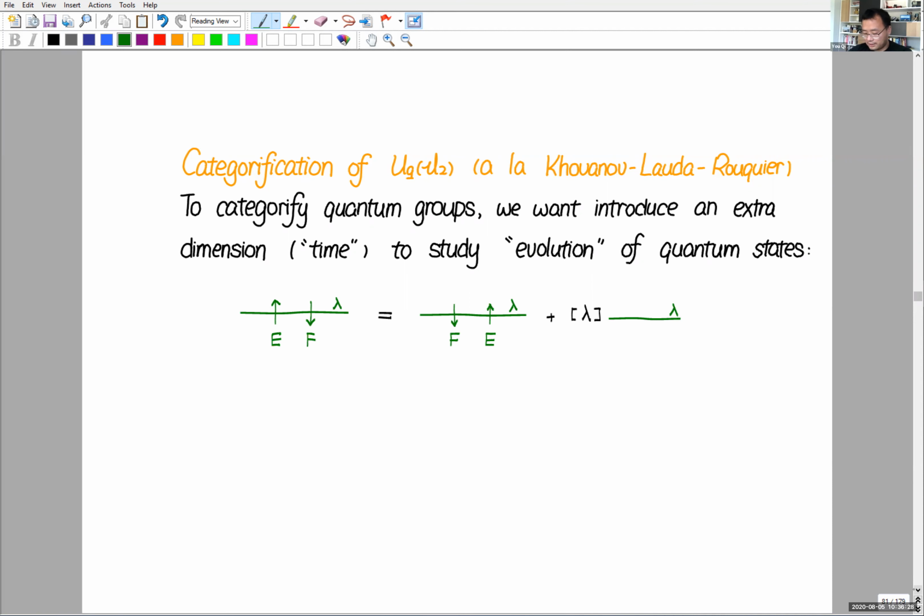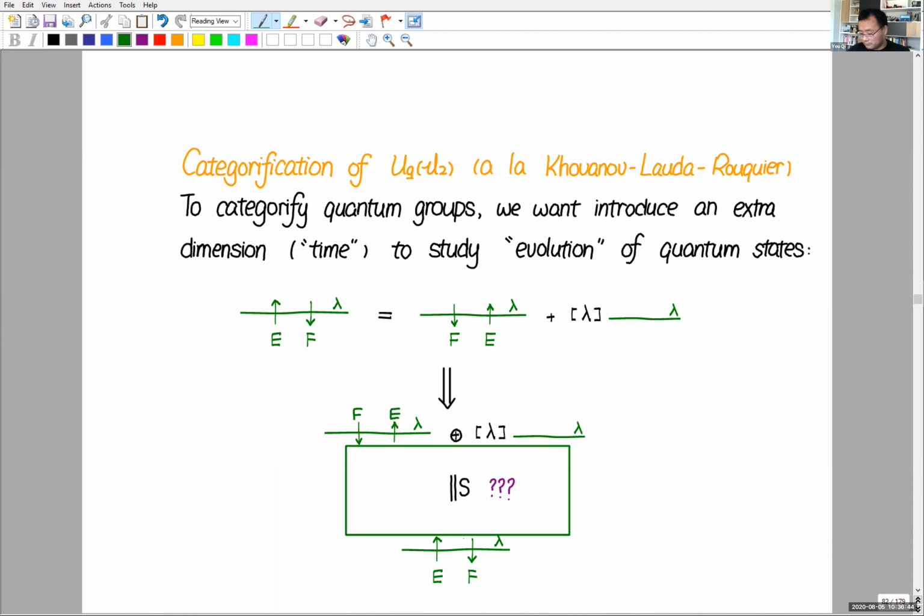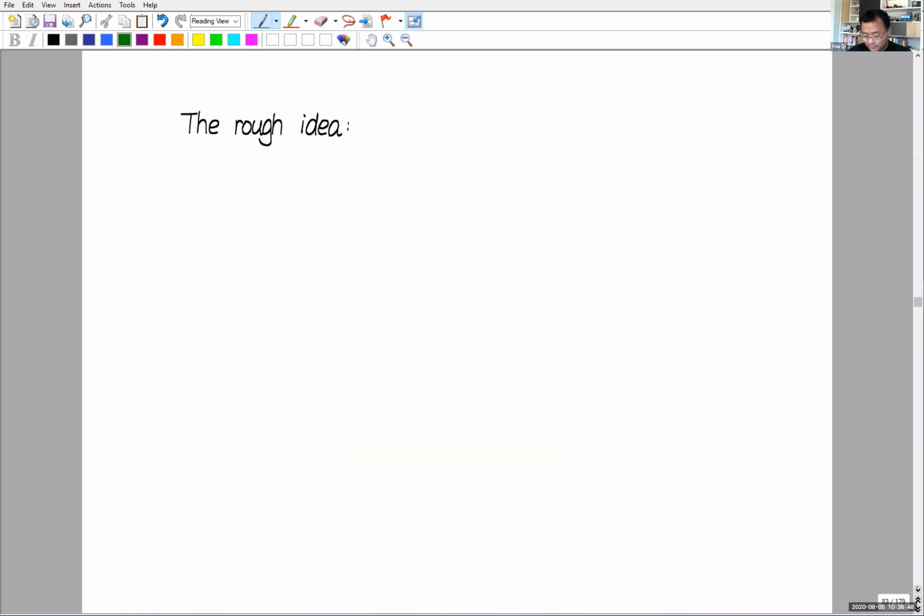So once you introduce an extra dimension, you have the freedom to talk about how the right-hand side becomes the left-hand side when time changes, right? So when time shifts.